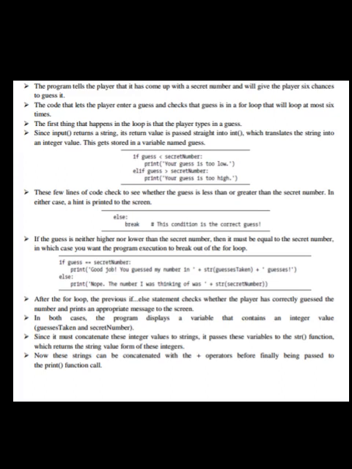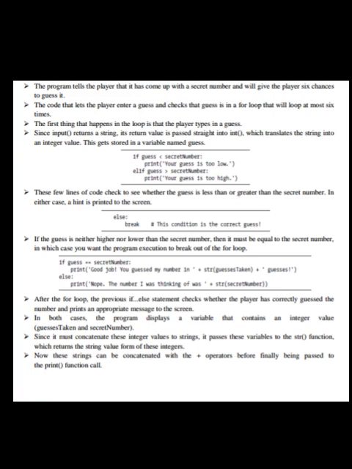The code that lets the player enter a guess and checks that guess is in a for loop that will loop at most 6 times. The first thing that happens in the loop is that the player types in a guess.